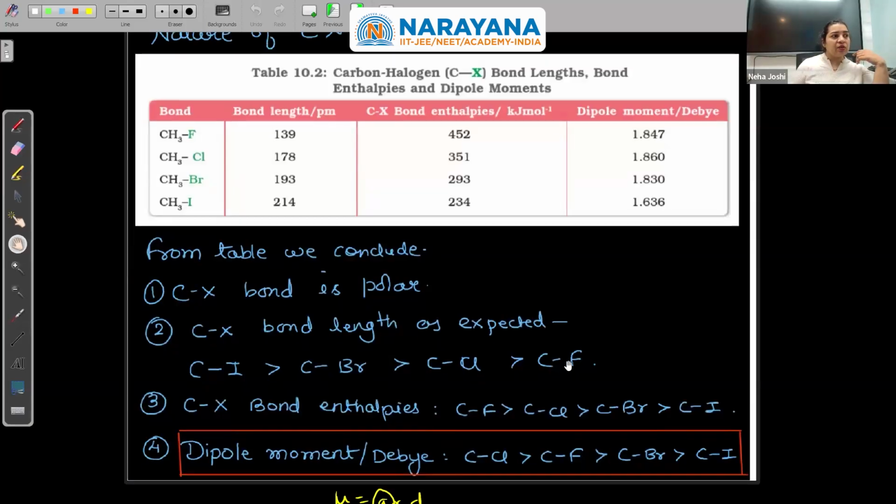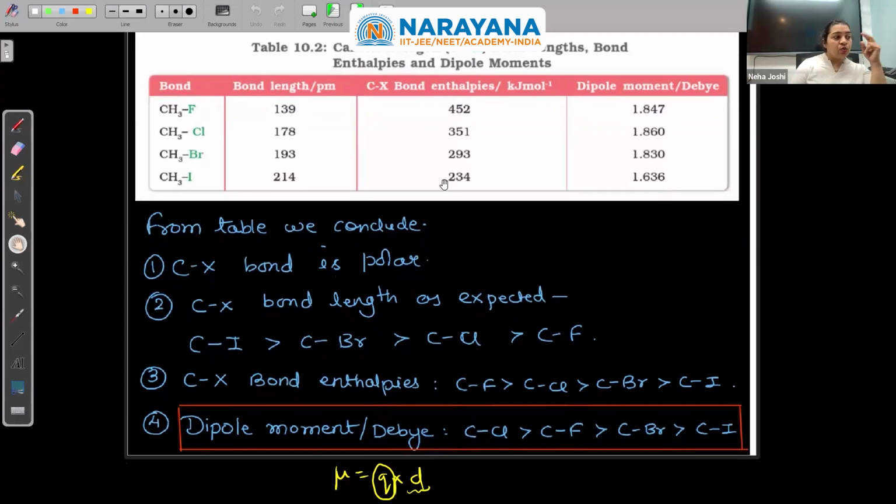With smaller atoms involved, the bond length will be lower. Now see the bond dissociation energies, the bond enthalpies of these bonds. Maximum is for carbon-fluorine, the strongest. Then comes carbon-chlorine, then carbon-bromine, and then the carbon-iodine bond, which is the weakest.